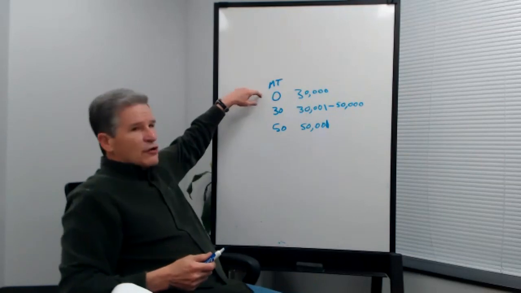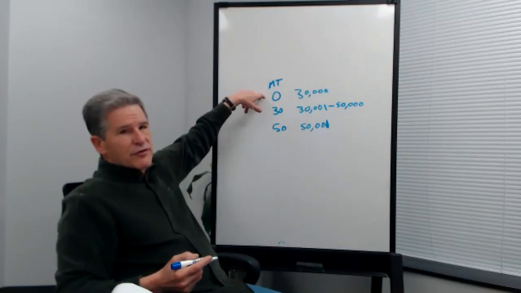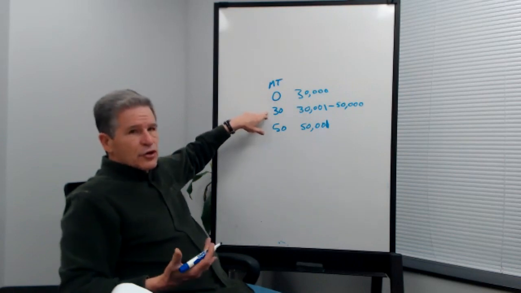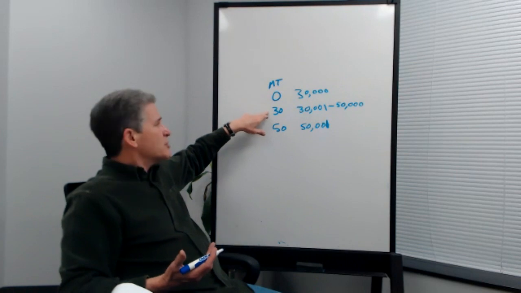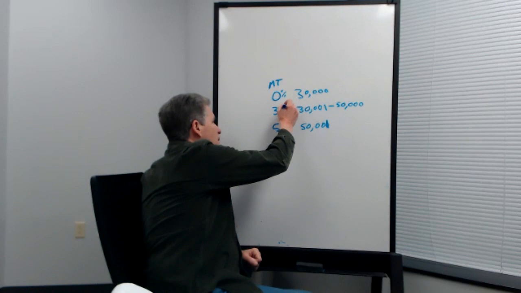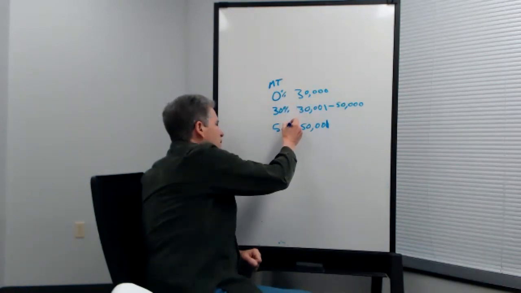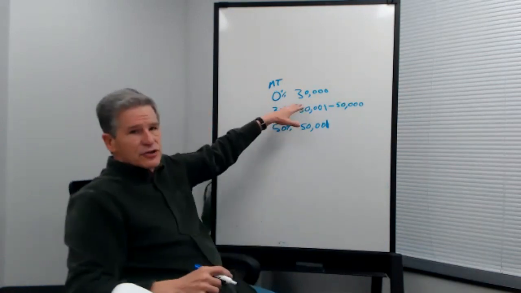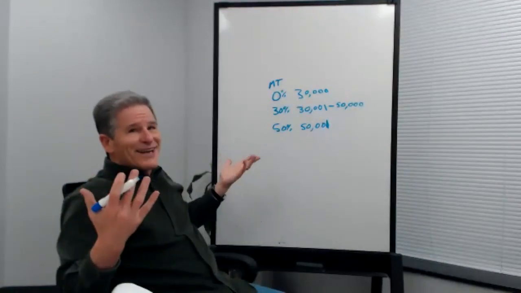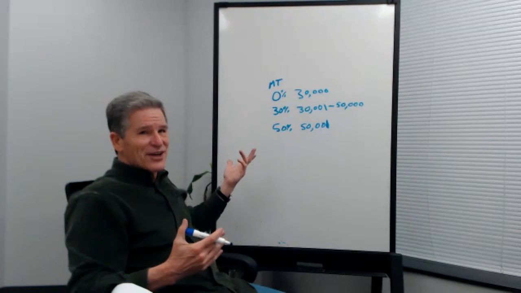Now, below 30,000, the average and marginal are the same, which is 0. Once you're at 30,000, your marginal tax rate becomes 30%, and these are percents. But your average is still 0 because you haven't earned any money that you actually have to pay taxes on yet.